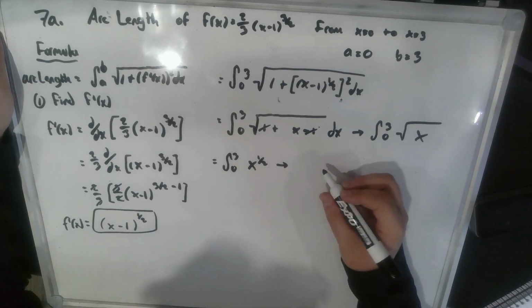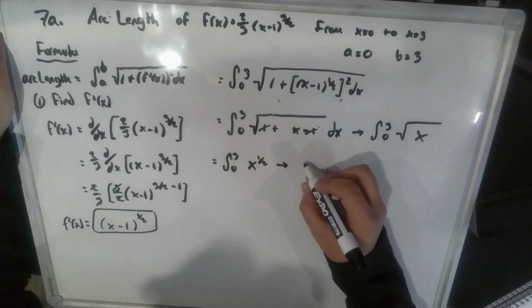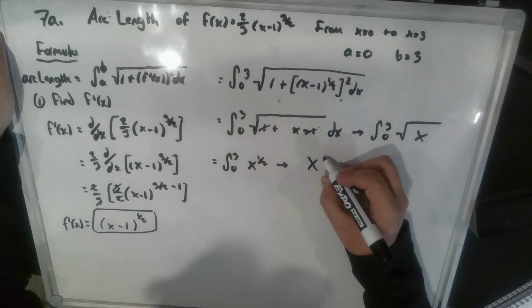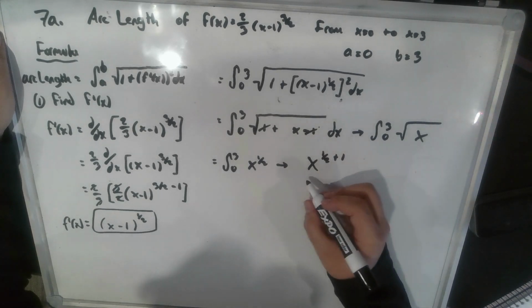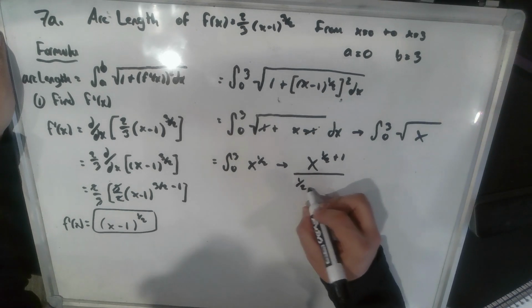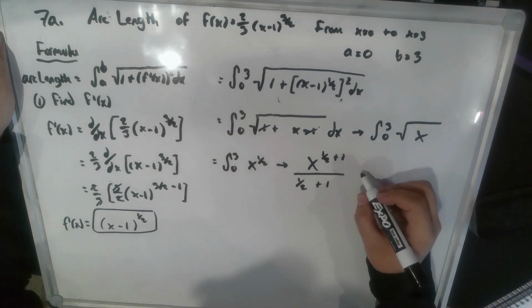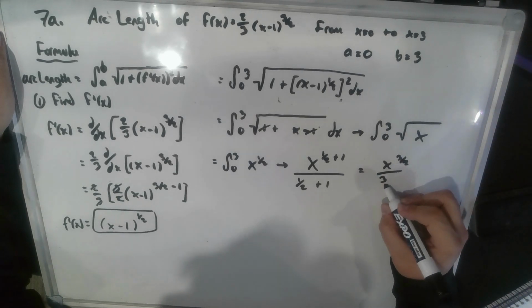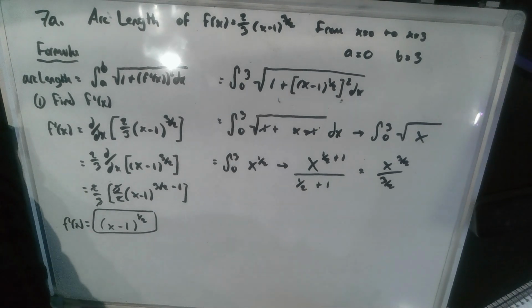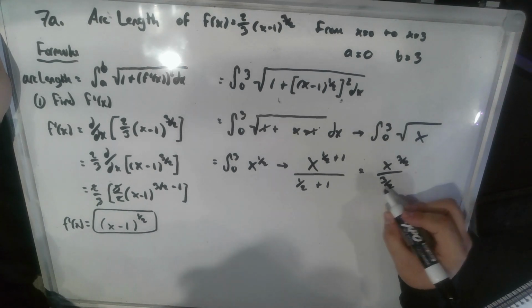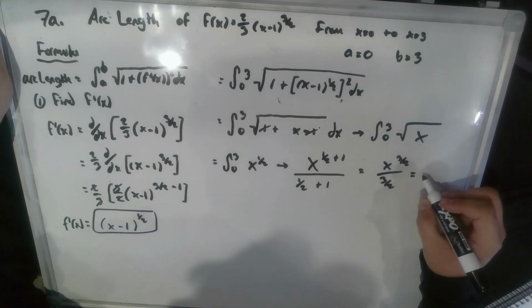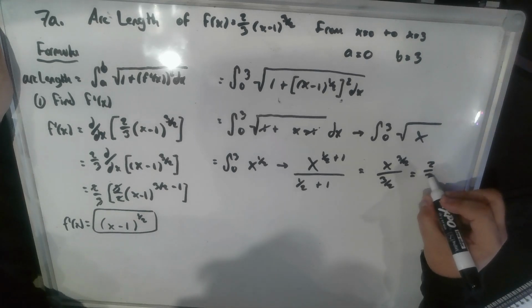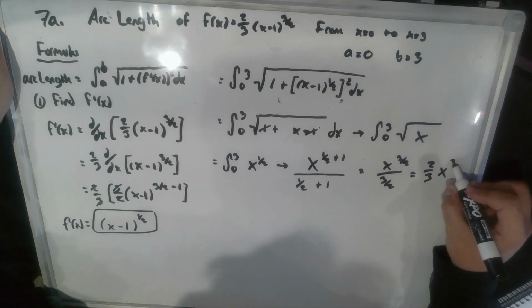And then when you integrate, it becomes x to the 1/2 plus 1 over 1/2 plus 1, which is equal to x to the 3/2 over 3/2. To make it look nicer, this fraction in the denominator can be rewritten as 2 over 3 times x to the 3 over 2.